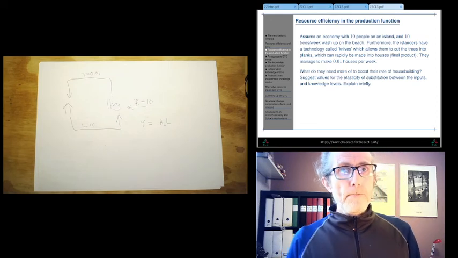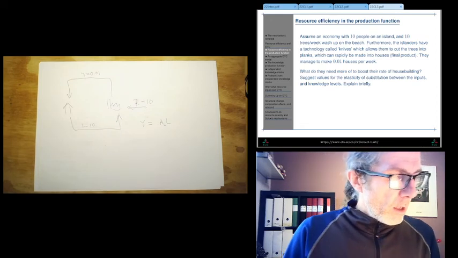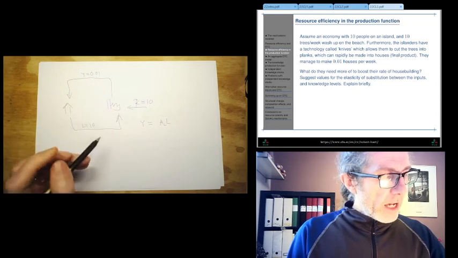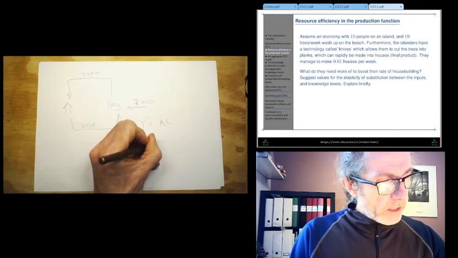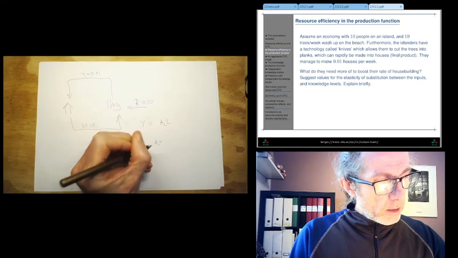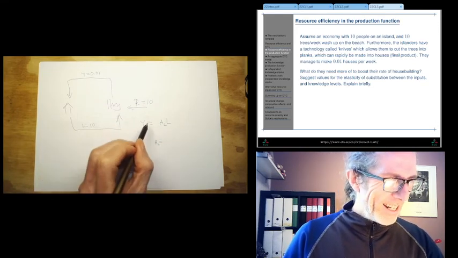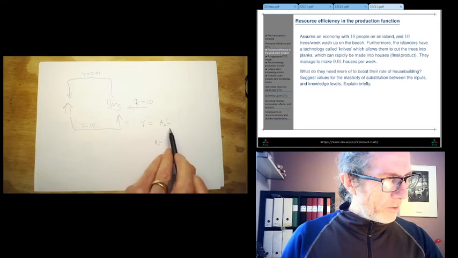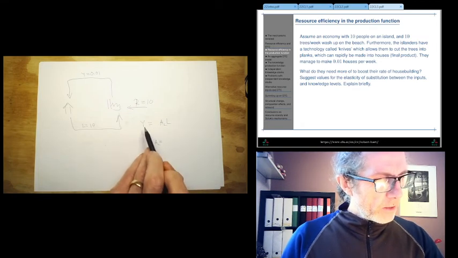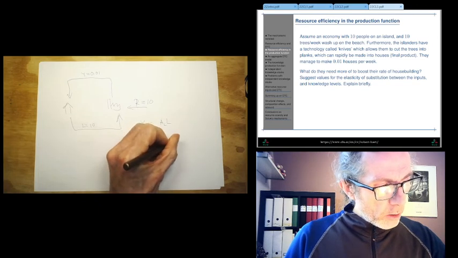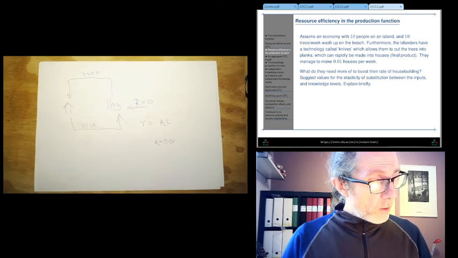But Y is 0.01 and L is 10. So that tells us that A_L must be, let me think here, 0.01 equals A_L times 10. So A_L is 0.01. And what are the units of that?